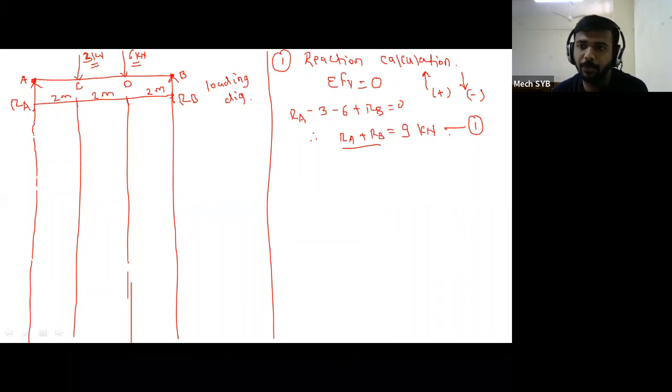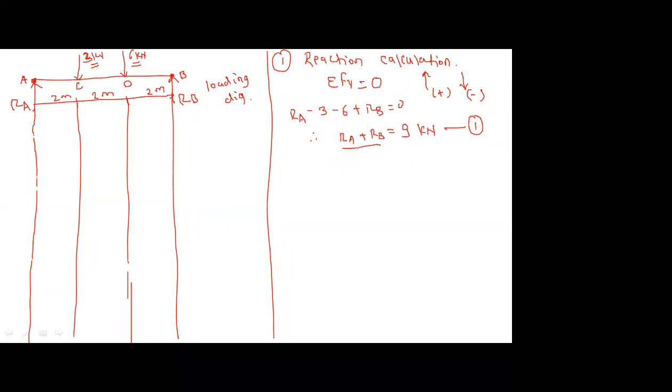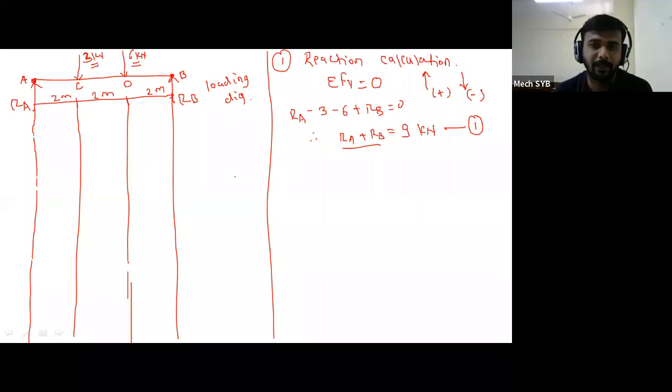Okay, now here if you check equation number 1, two unknowns are there. RA is also unknown, RB is also unknown. So now what we have to do? We have to take moment at one point. We have to take moment at one reaction point. मग तो RA असू द्या किंवा RB असू द्या.